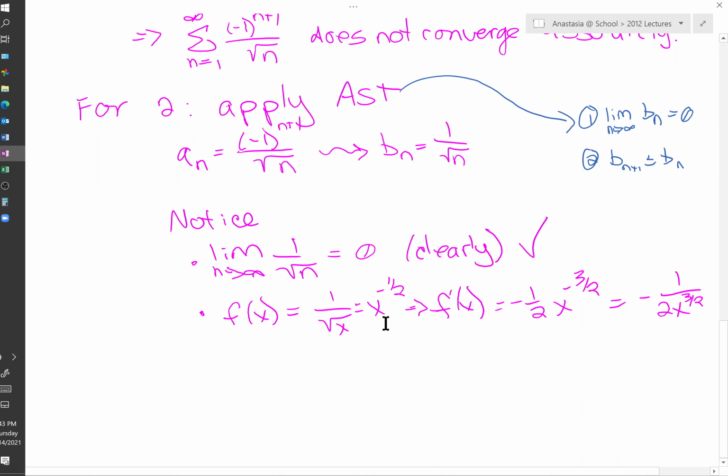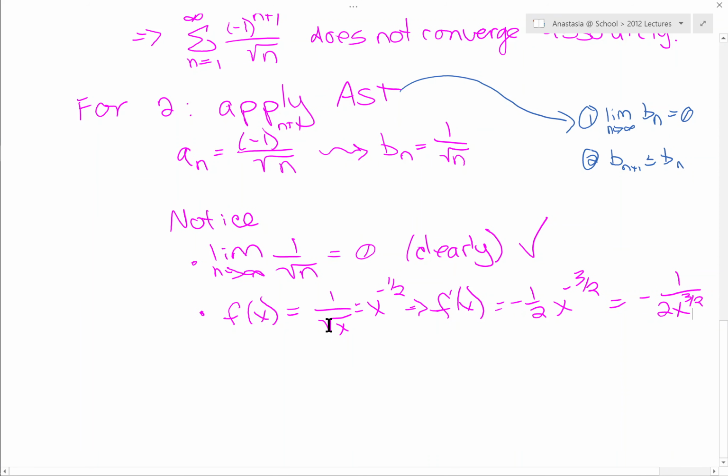In this case, since we are talking about f of x coming from this 1 over the square root of n, n is always positive, so we could think of x as being bigger than or equal to 1.